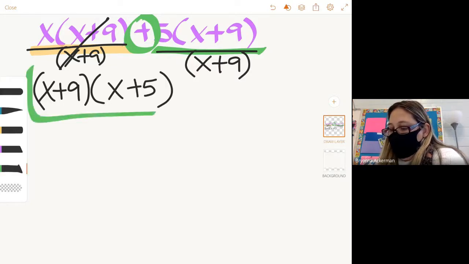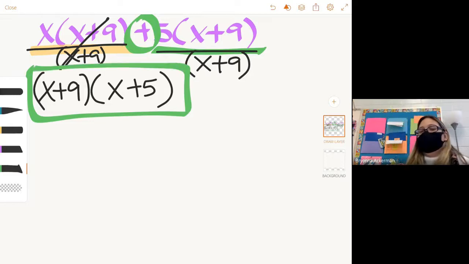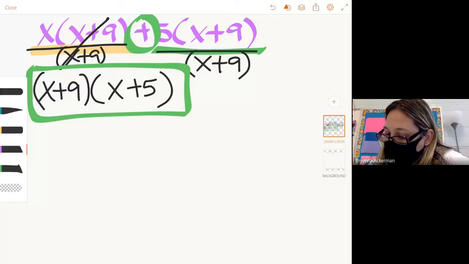This is your final factor. Because right here on this first part, when I did x plus 9 divided by x plus 9, this x was left.